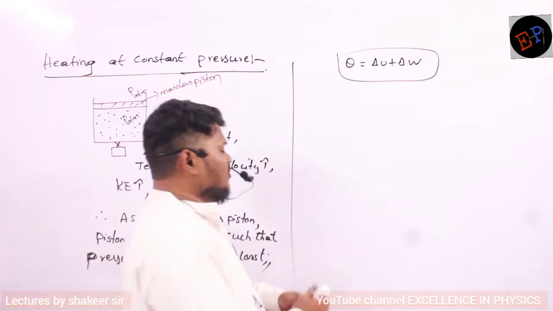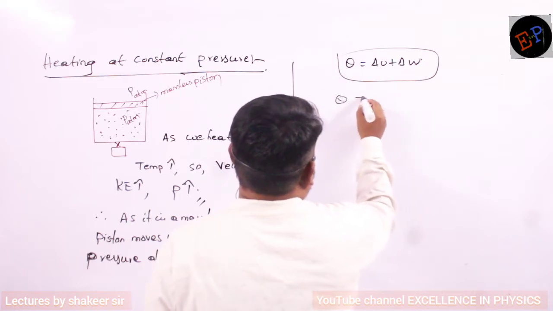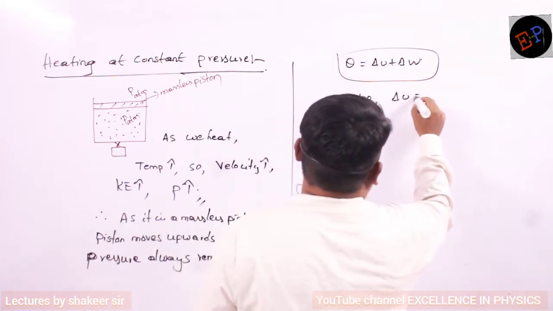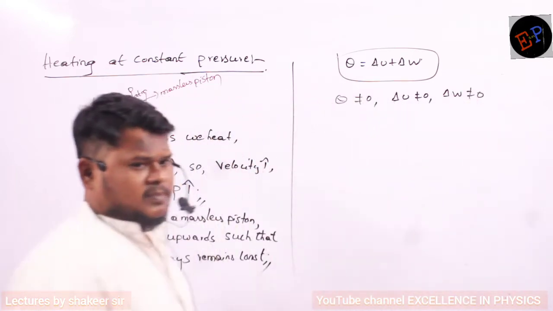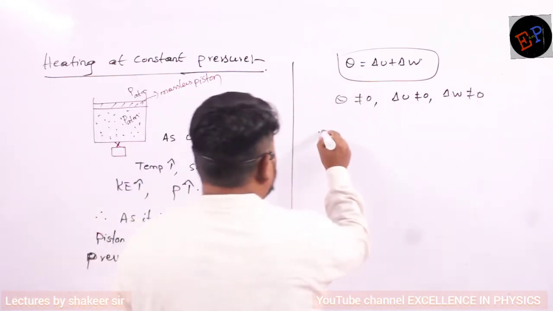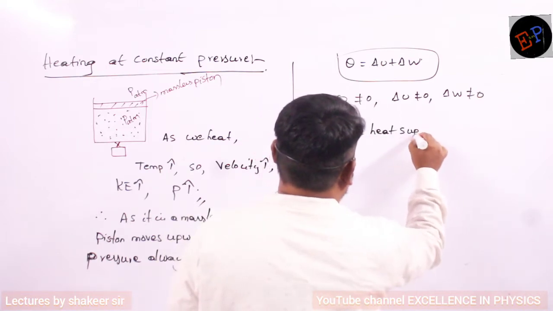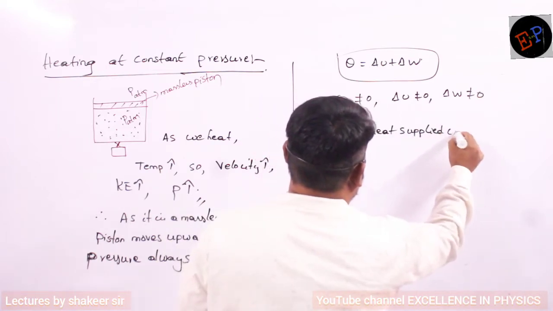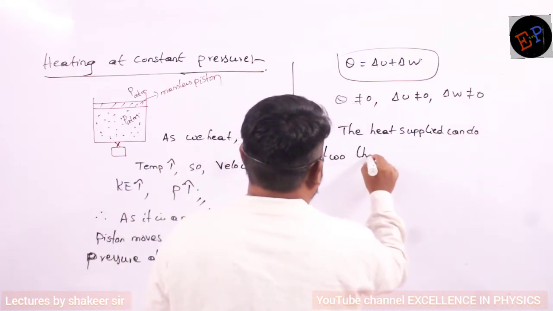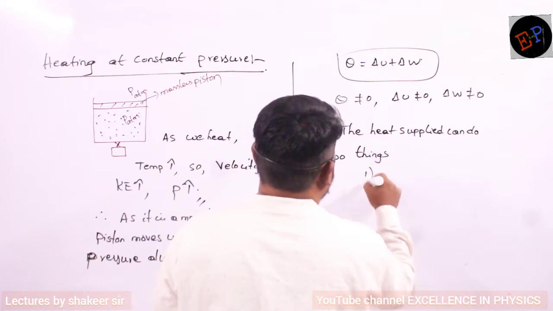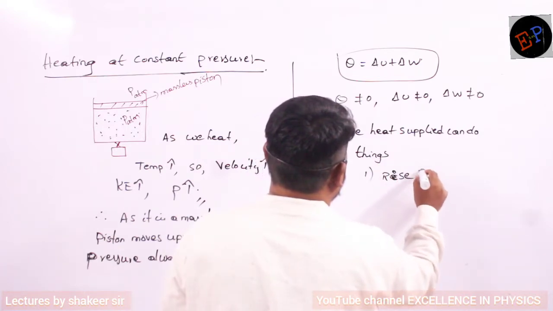Therefore, write down: Q is not zero, delta U is not zero, work done also is not zero. Clear? Therefore the heat supplied can do two things. First one, it can raise internal energy.